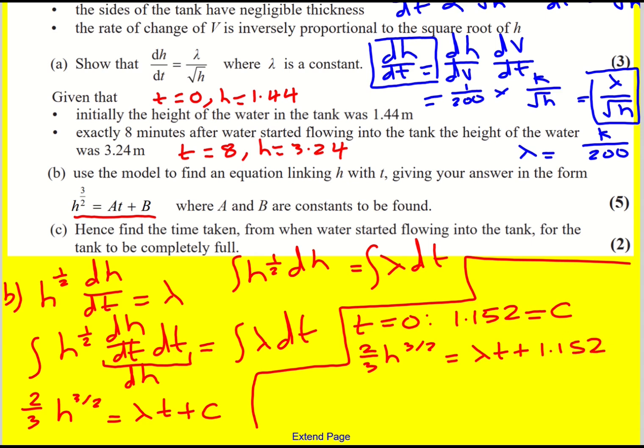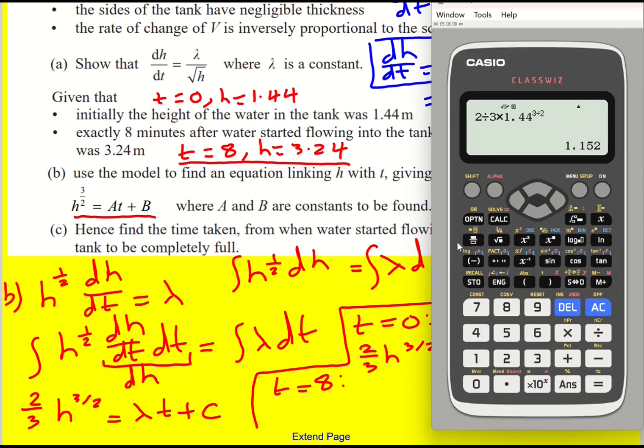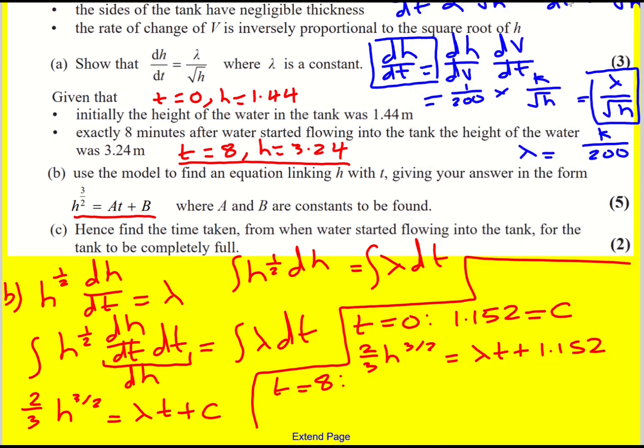Okay, and now I'm going to sub in that second condition. t is 8, h is 3.24. So this time we've got 2/3 times 3.24 to the power of 3 over 2. That gives me 3.888, which is going to equal 8 lambda plus 1.152.